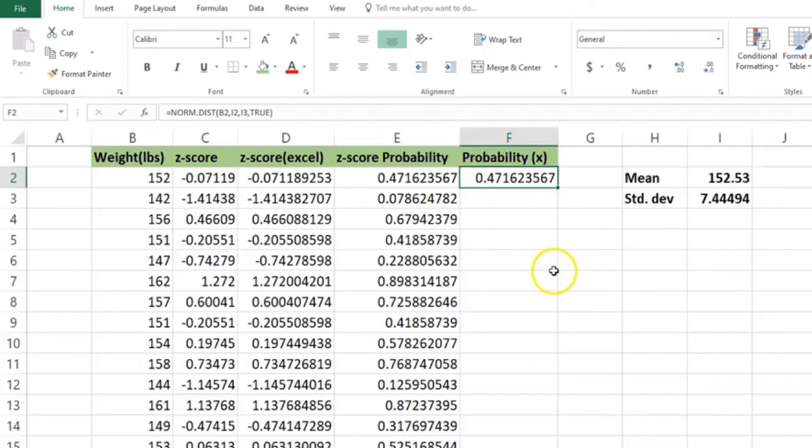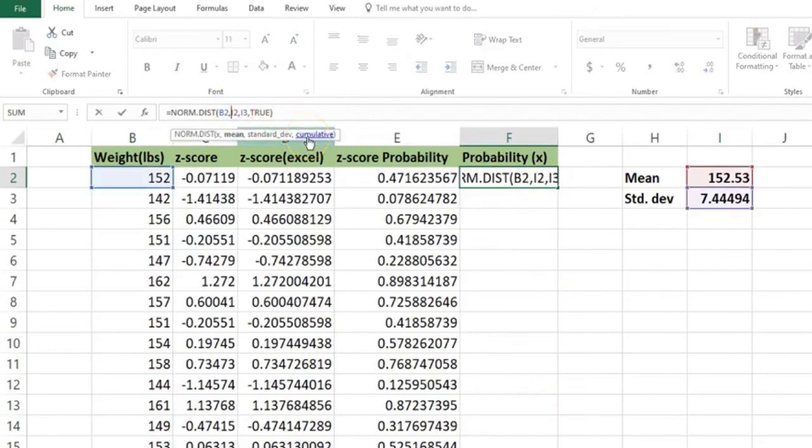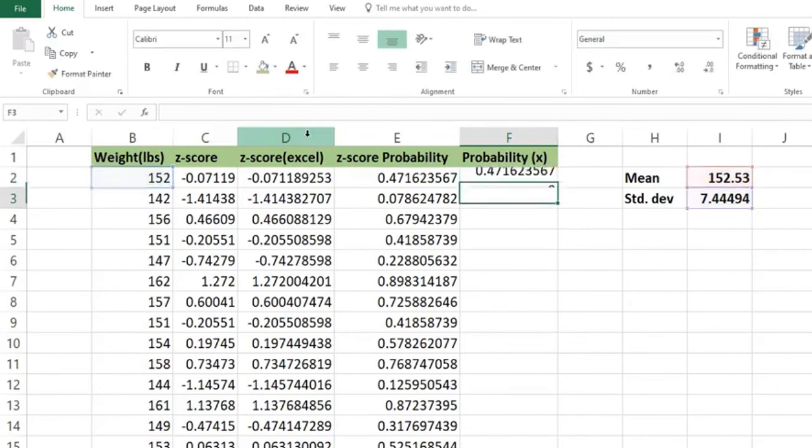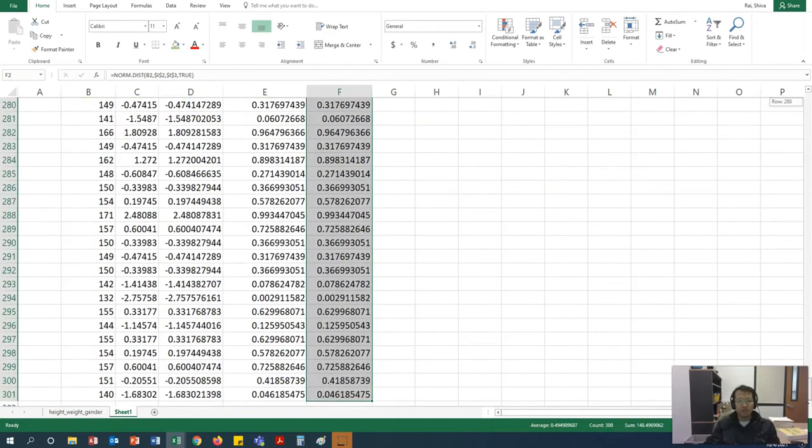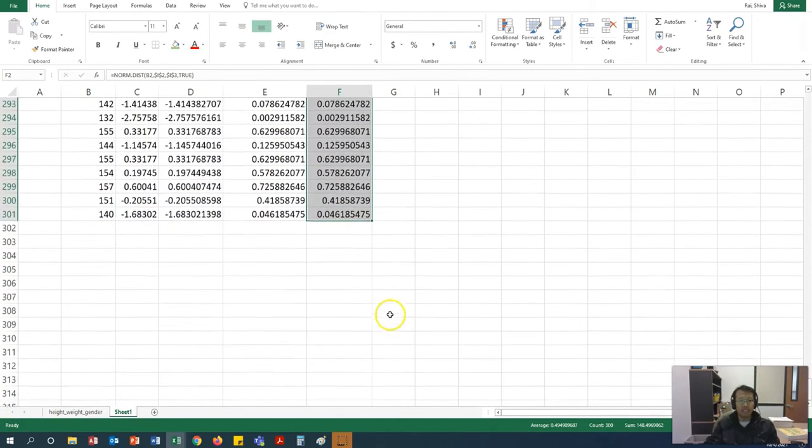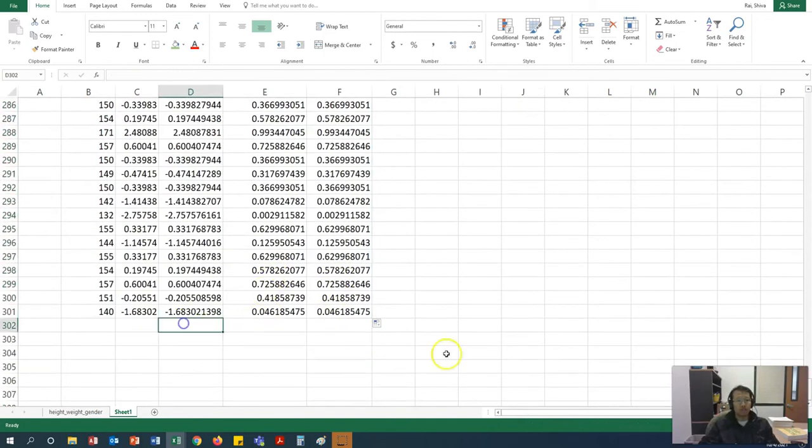You can drag it all the way down, but before that just fix this with dollar signs: $I$2, $I$3. Then if you want to figure out something, let's suppose my z-score is 2.76, what is the probability underneath this z-score? You can clearly see that it would be 0.99.